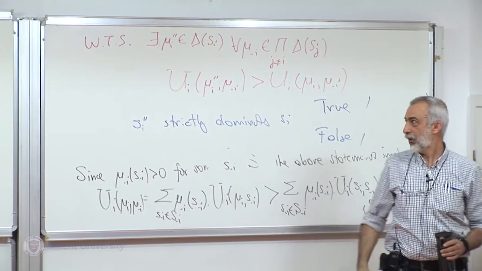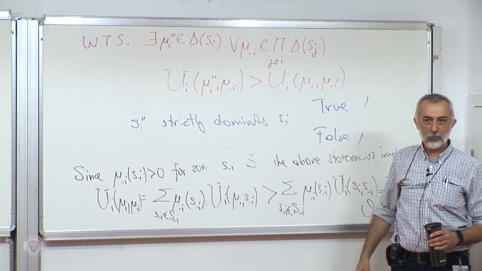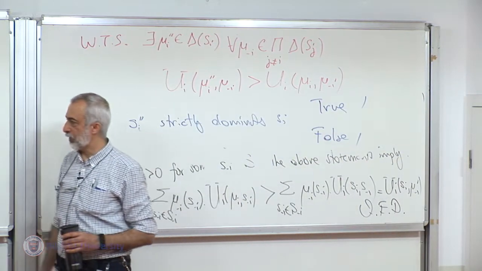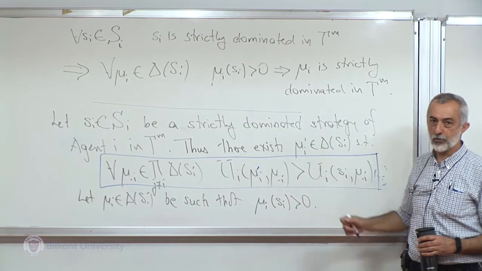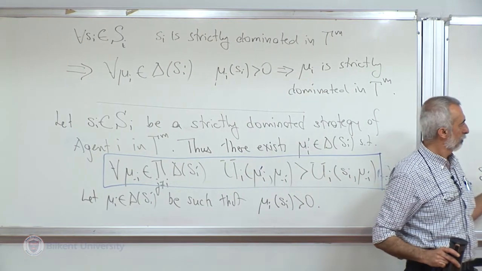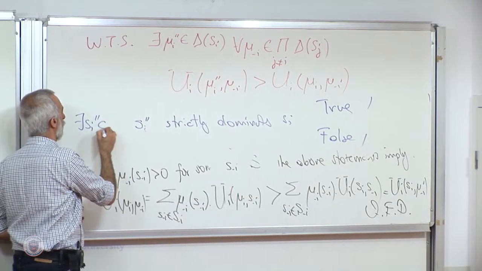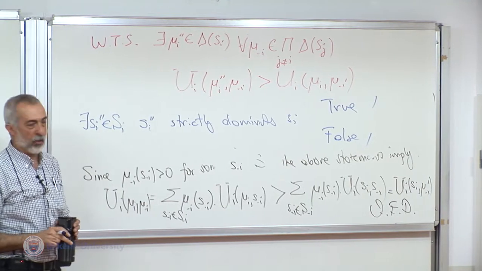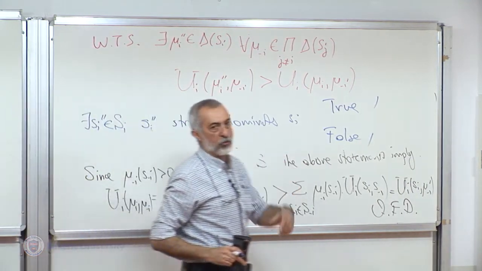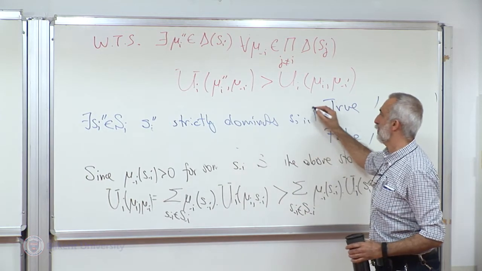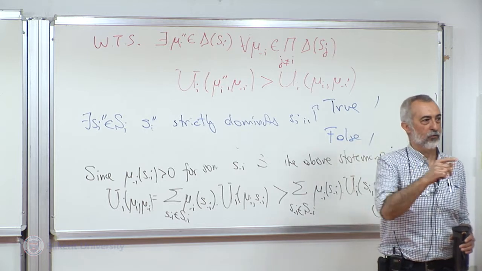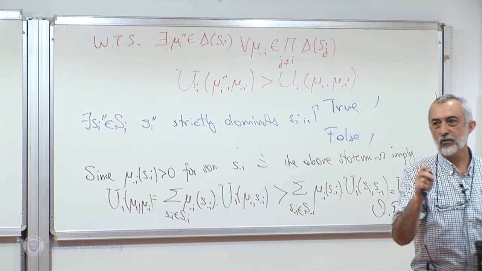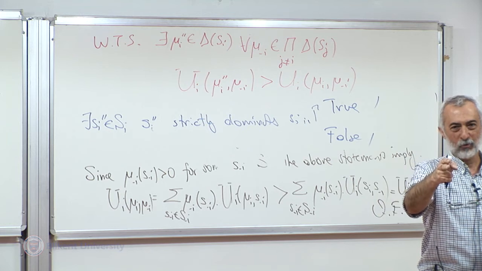Well, so how many say the statement is true? That is, the fact that mu I prime strictly dominates Si implies there is an Si double prime, a pure strategy of agent I, which strictly dominates the strategy Si in the original game. How many think it's true? 1, 2, 3, 4, 5, 6, 7, 8, 9.